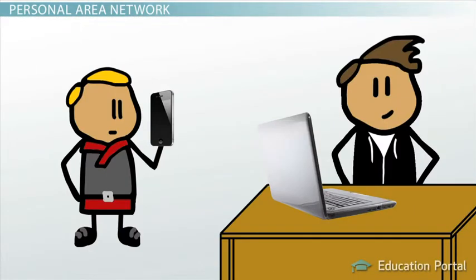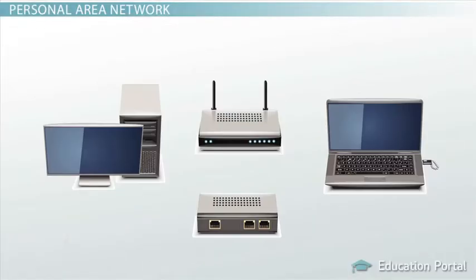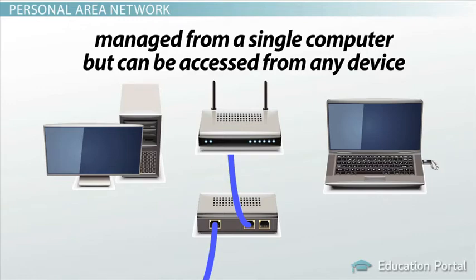If multiple individuals use the same network within a residence, the network is sometimes referred to as a home area network, or HAN. In a very typical setup, a residence will have a single wired internet connection connected to a modem. This modem then provides both wired and wireless connections for multiple devices. The network is typically managed from a single computer but can be accessed from any device.